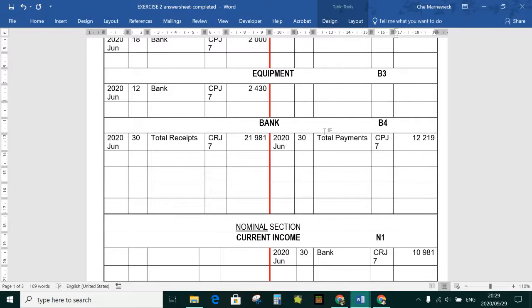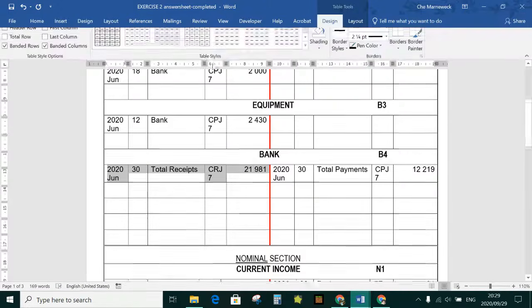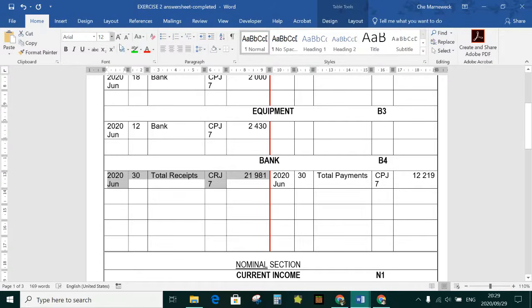Now, for every debit, there must be a corresponding credit. We don't list all the individual debits in bank. That would be impractical. It's a column, we take the total. But that 21,981 Rand that we have recorded on the left-hand side, I'm going to highlight that in yellow. That is the total amount that we received.